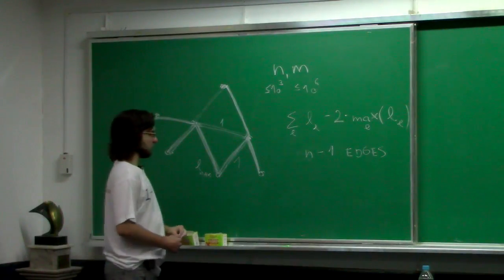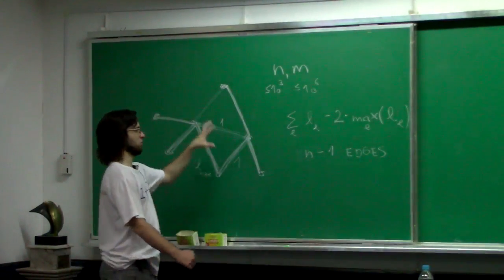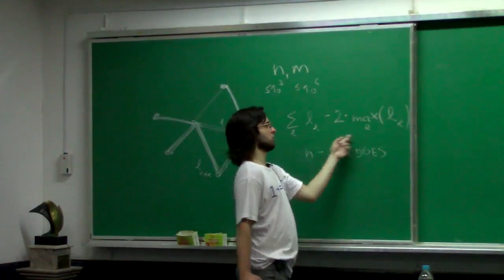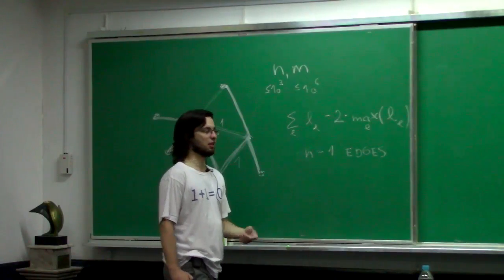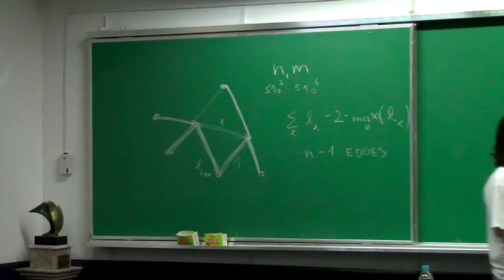Then let's say that we found the minimum spanning tree of the original graph, just ignoring this term, just a minimum spanning tree, whichever one of them works.